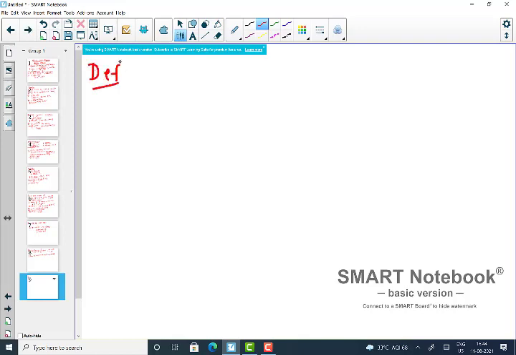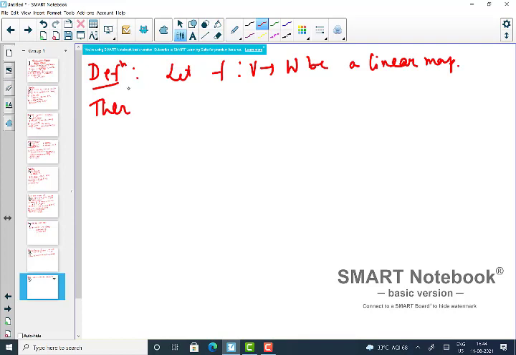Definition: let f from V to W be a linear map.